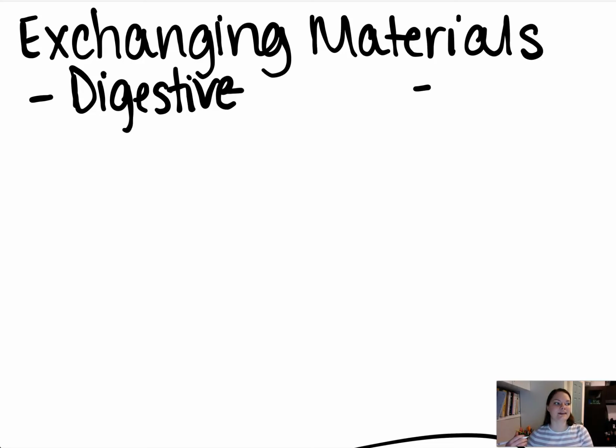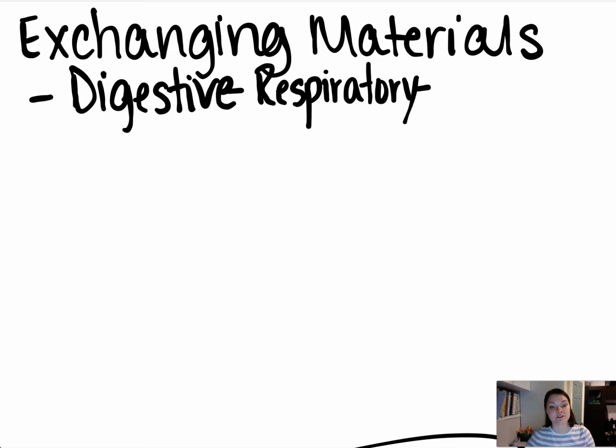And when it comes to cell respiration, it's not just about glucose, but you need something else really important to be able to make ATP. And so your respiratory system is going to be integral in bringing in oxygen. And it's not just bringing in oxygen, but it's getting rid of, remember with glucose, it gets broken down.